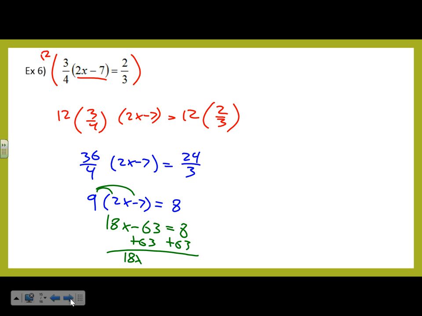X is equal to 71. 71 divided by 18 is 3.944444.